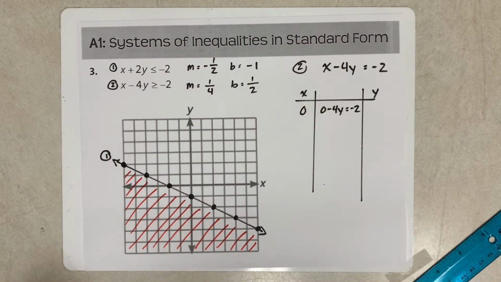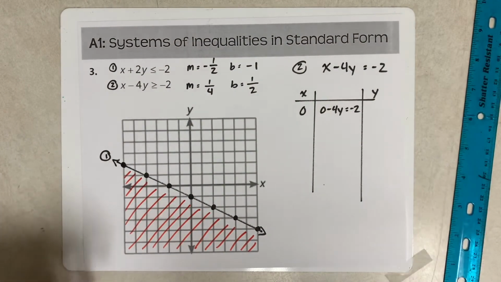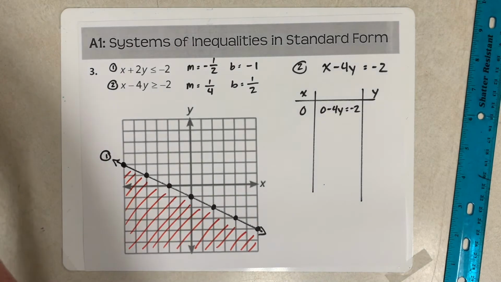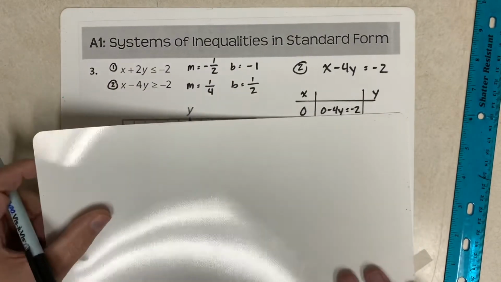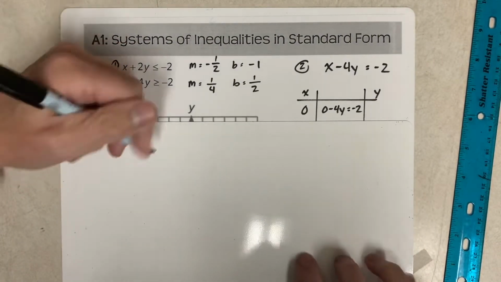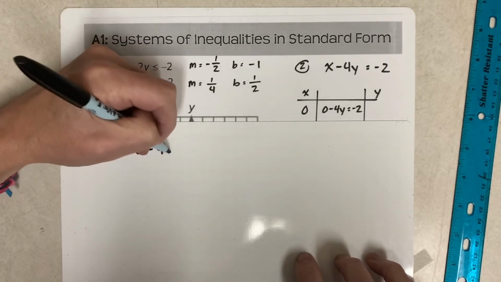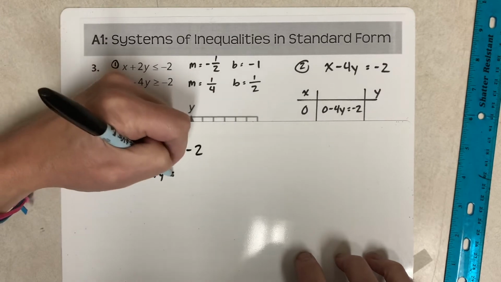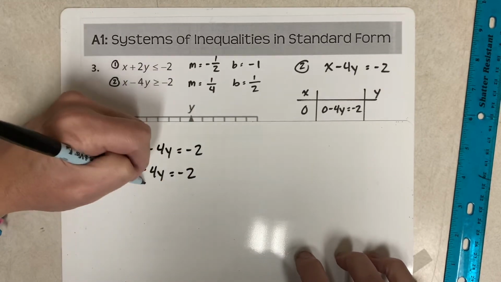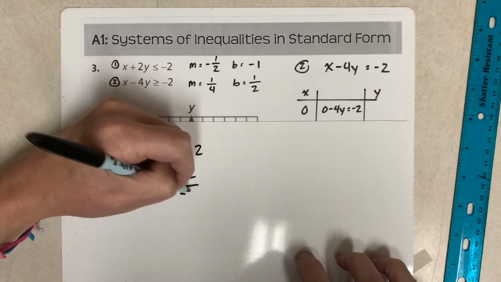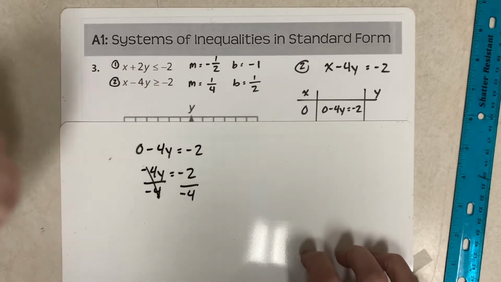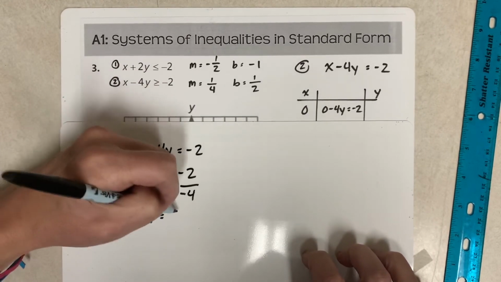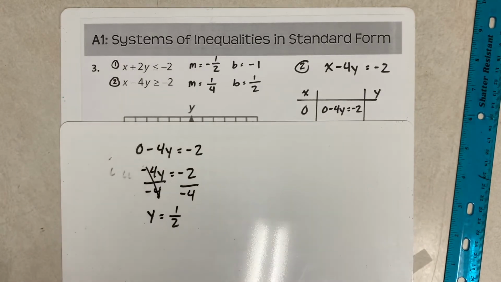Okay, so what would the y value be after you solve that? So that, again, may entail us to have a whiteboard again. 0 minus 4y is equal to -2. So -4y is equal to -2. And if we divide by -4 on both sides, we basically get the y-intercept just like we had it before. Y is equal to 1/2. That's not doing me a whole lot of good because I didn't want a fraction, I wanted an integer.